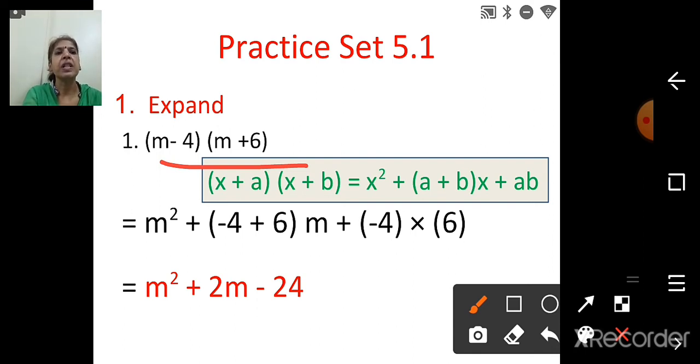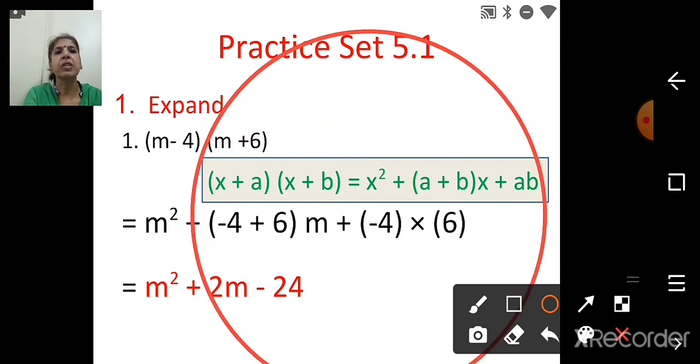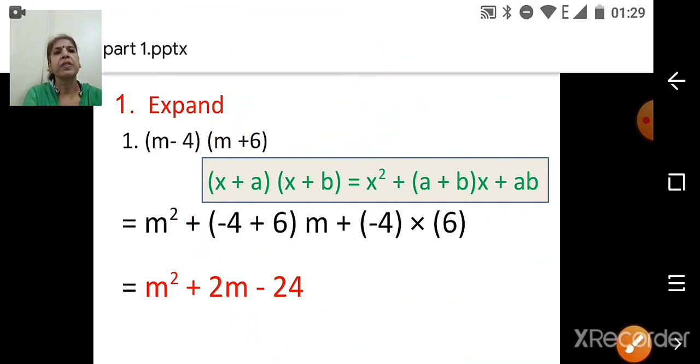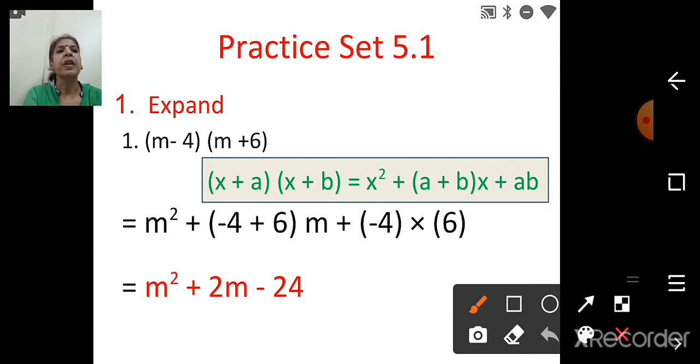So now we will solve it. What you do is, first you write the formula on which it is based, and write the formula in a box, that is better. You will write the formula in a box, and towards your right side, a little right side, so it becomes clear that this is the formula.